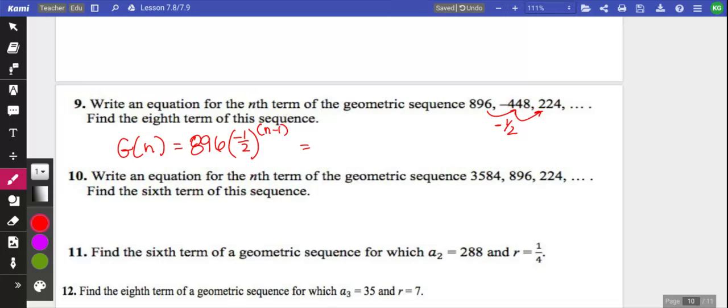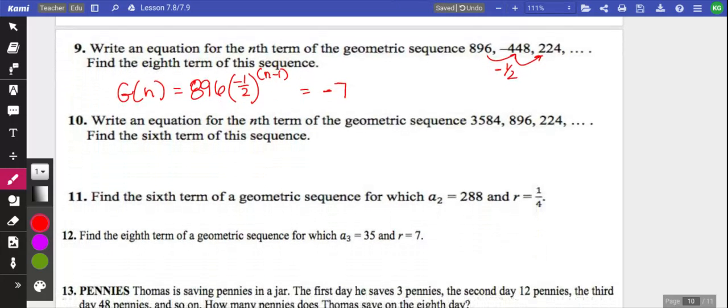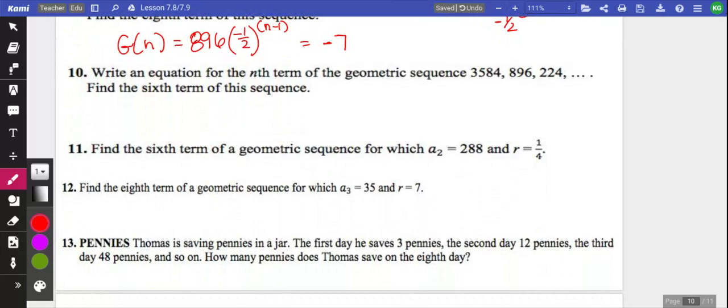Now for part B, it says to use 8 as our nth power. So when I do that, I get -7.